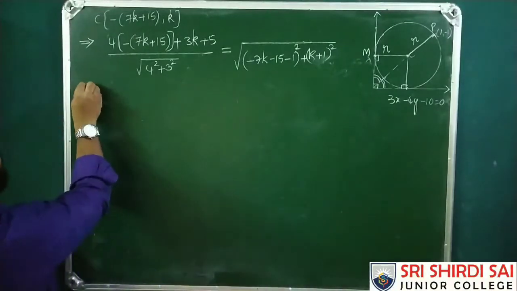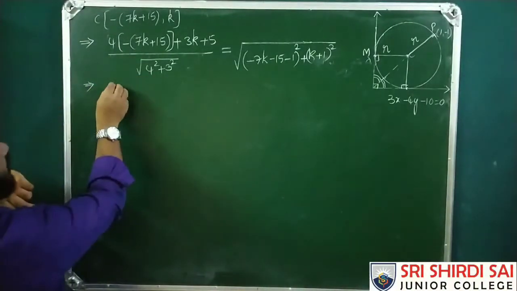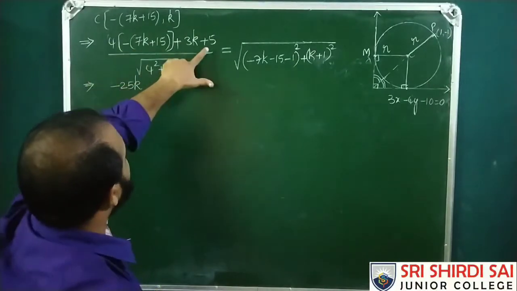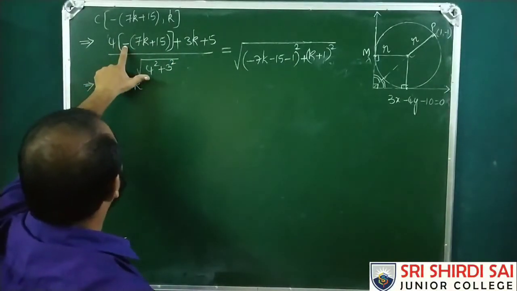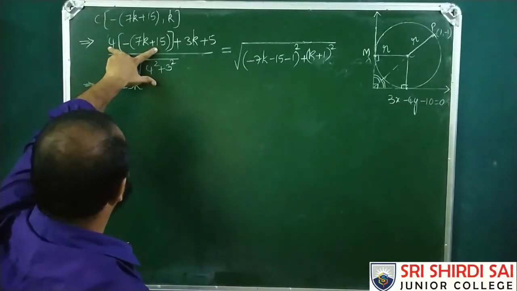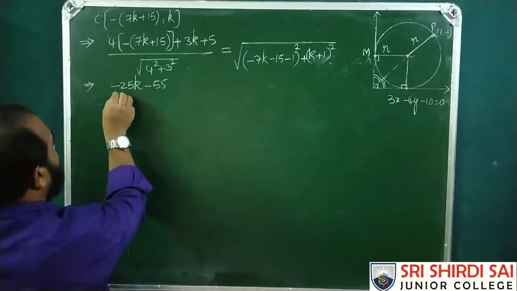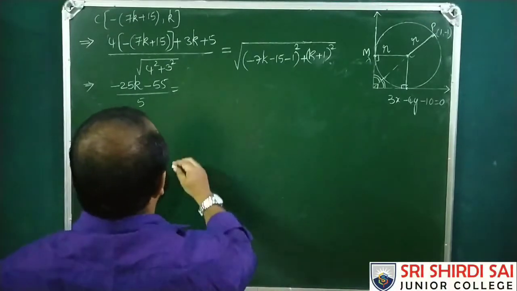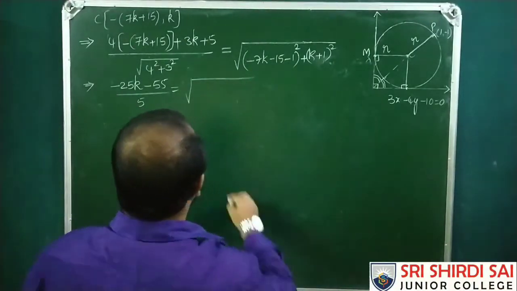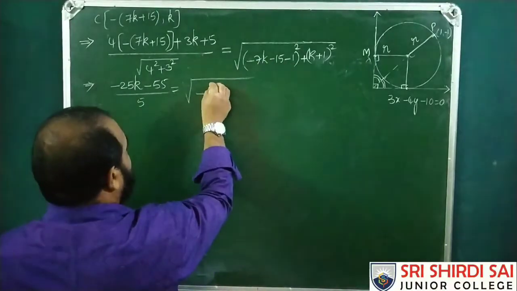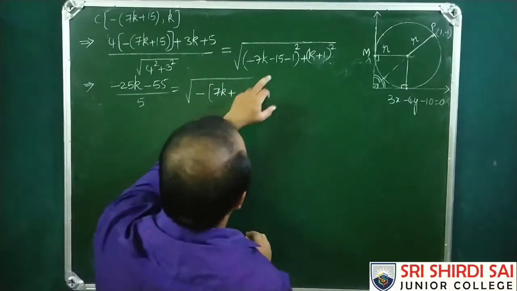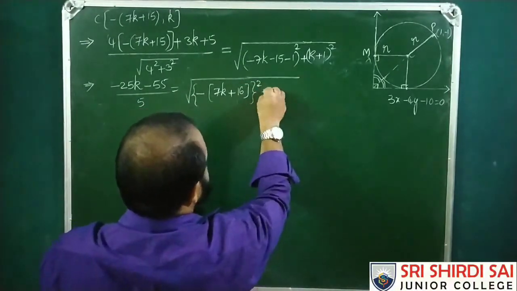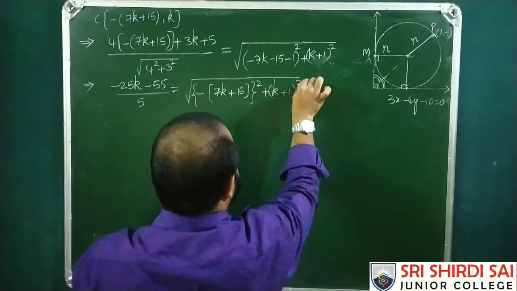Now, so this is 4 into minus 7 minus 28k plus 3k minus 25k, 4 15 60 plus 5, 4 15s with minus, so minus 60 plus 5 minus 55 by 4 square plus 3 square under root 25, which is 5, is equal to, so this is square root of, if you take minus as a common, then 7k plus 16 whole square plus k plus 1 whole square.